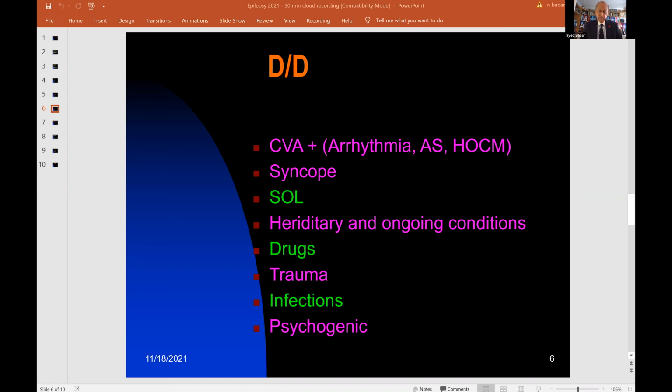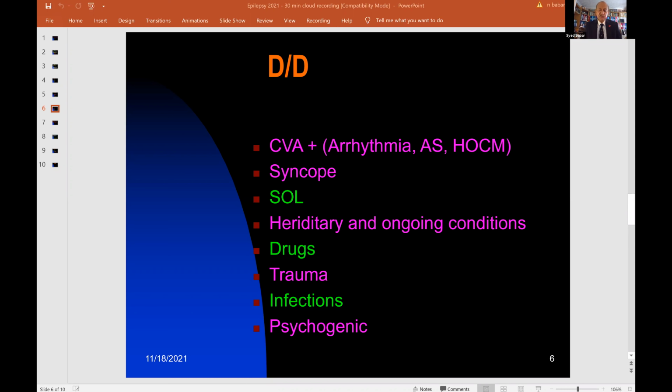Generalized trauma, by reason of brain devascularization momentarily, can produce an epilepsy-like condition. Certain infections, such as meningitis, encephalitis, can produce their own effects and the person may have some features of epilepsy.